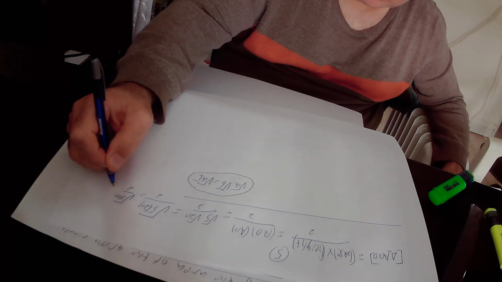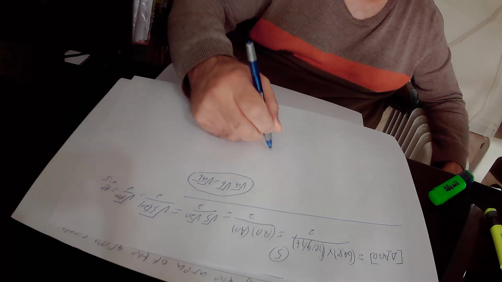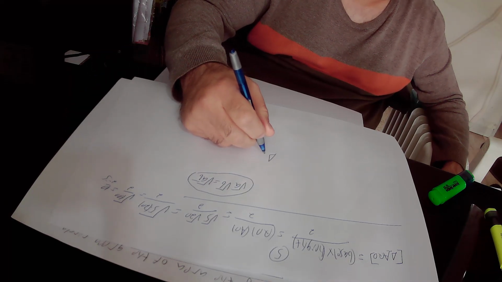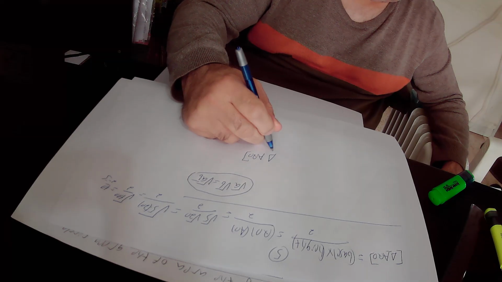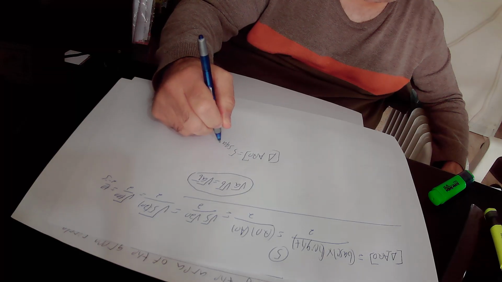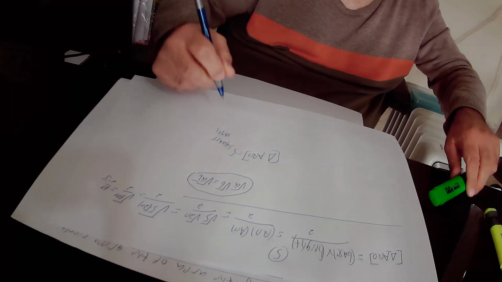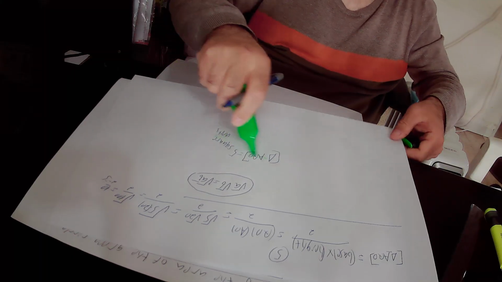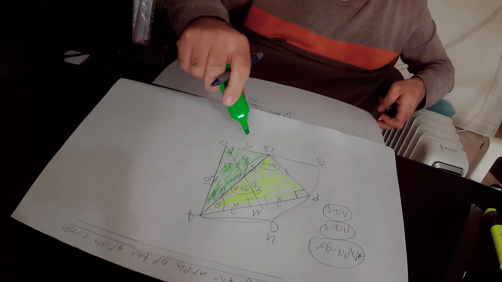The square root of 100 is 10, and 10 over 2 is 5. So finally we found that the area of the green right triangle AQO equals 5 square units. I'll repeat again, the area of this green right triangle AQO equals 5 square units.